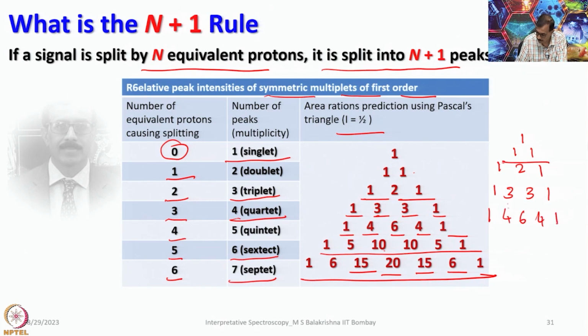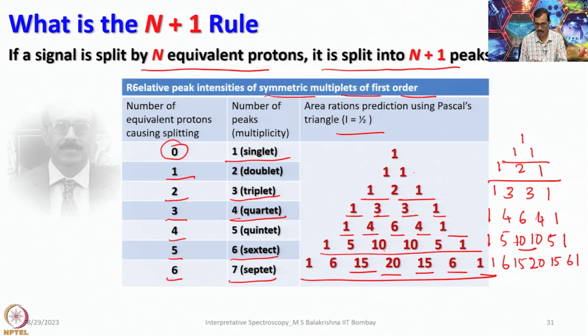Next is 1 5 and then 10 and then 10 and 5 1. Now 1 is there, 6 is there, and then 15 is there, and then this is 20, and then again 15 and 6. So you can keep on writing like that. Once we know up to here, extrapolating and writing for a higher number of lines should be very easy using this Pascal triangle.